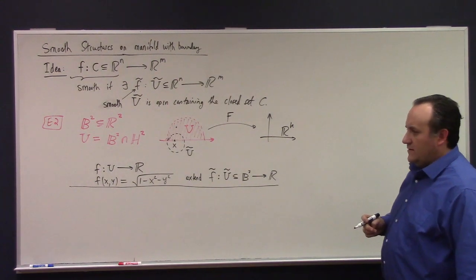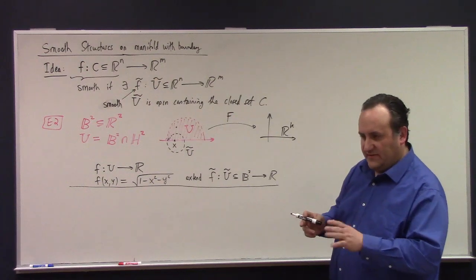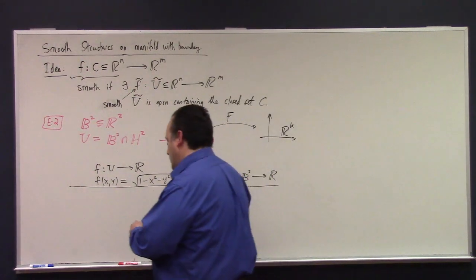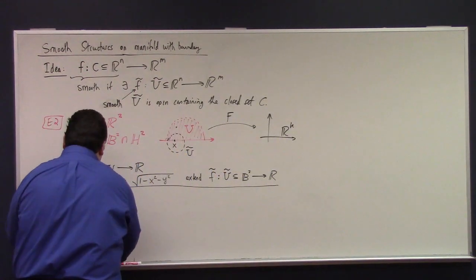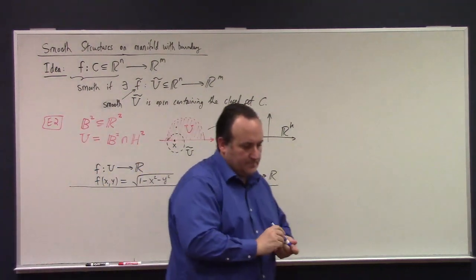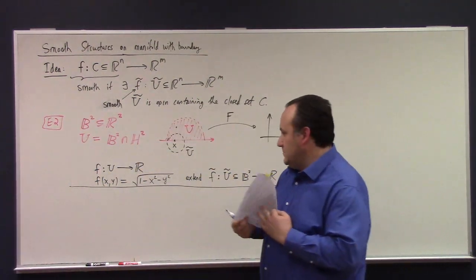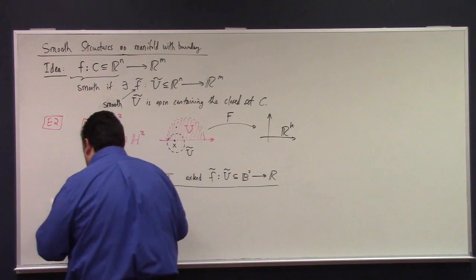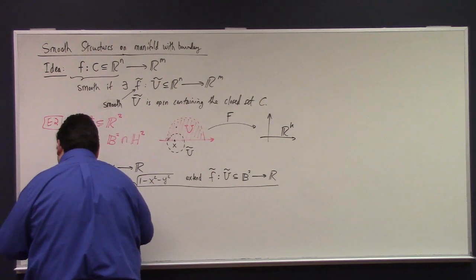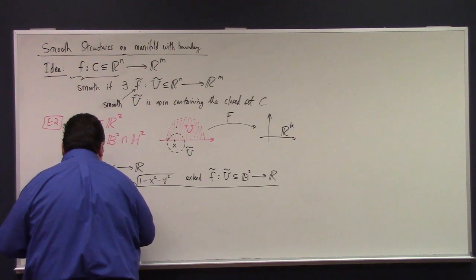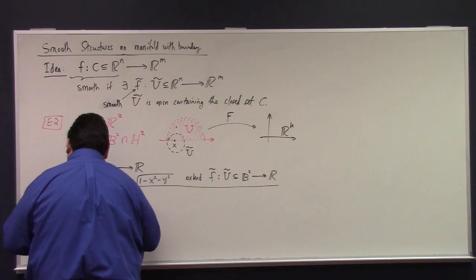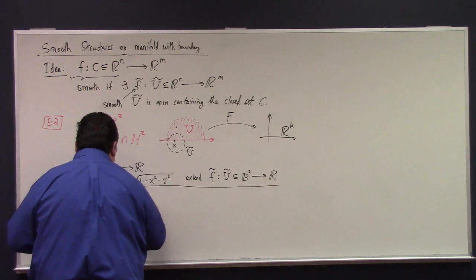Okay, so it's also helpful to have an example of one that's not smooth, and John Lee, to his credit, gives us both. So let's look at the other one here. g of x, y equal to the square root of y.